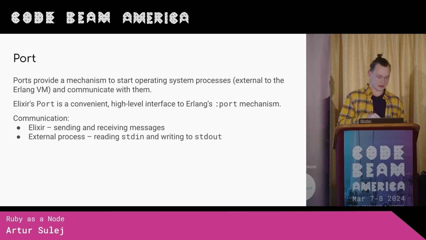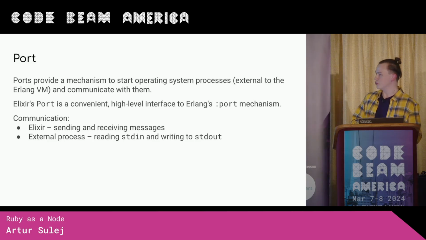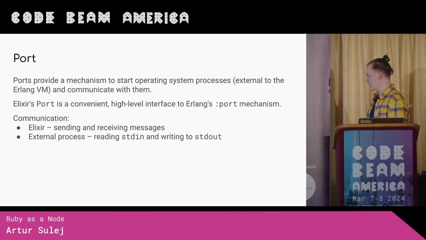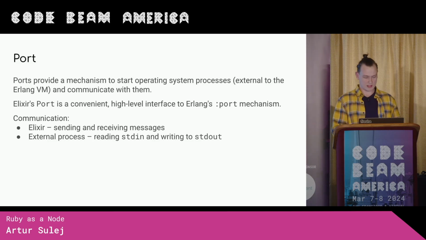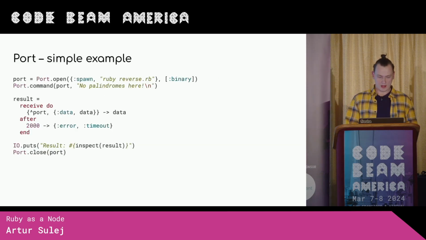And from Elixir point of view, the communication interface is done by sending and receiving messages. And from Ruby perspective, from that process perspective, it's reading and writing to standard input and output. Here's a simple example of the port.